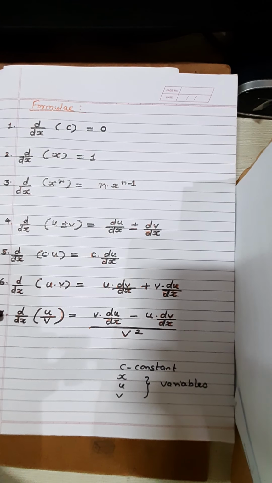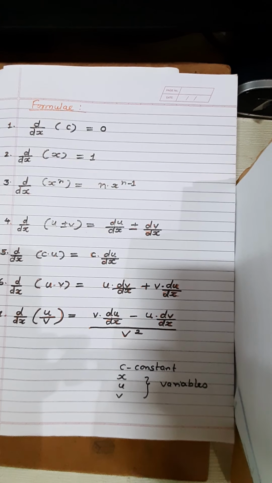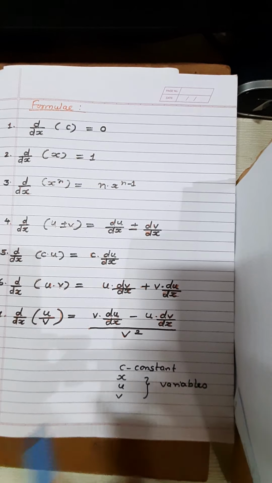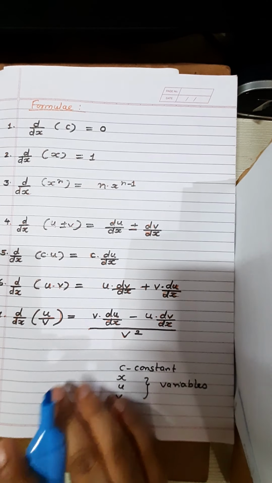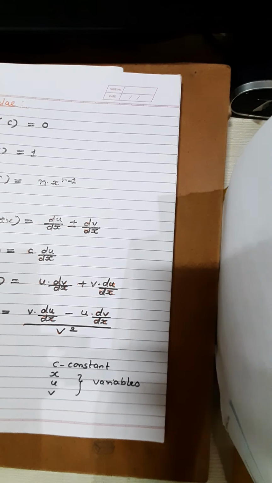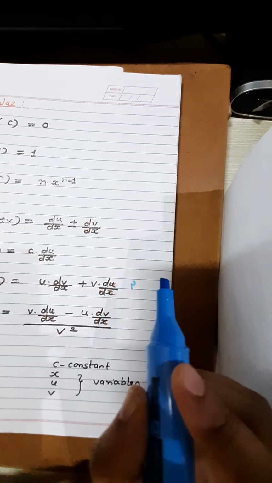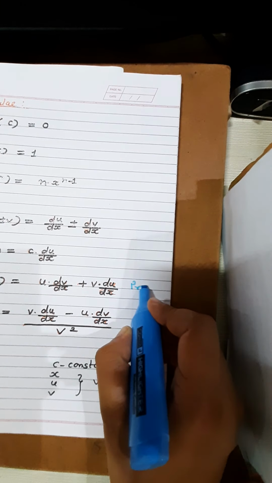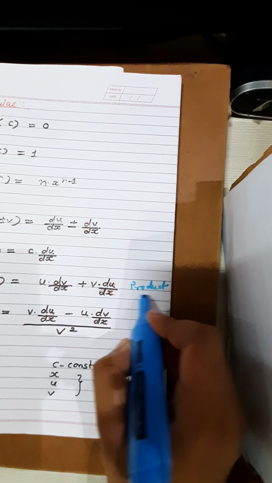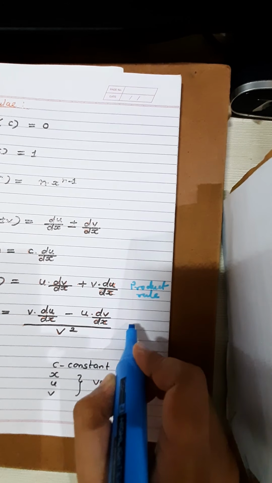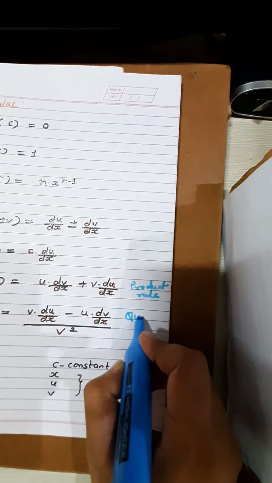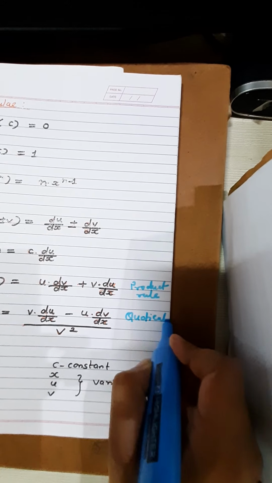Now the sixth and seventh formulae are important ones, which are also called the product formula and quotient formula. This is called the product rule, and this seventh formula is called the quotient rule.